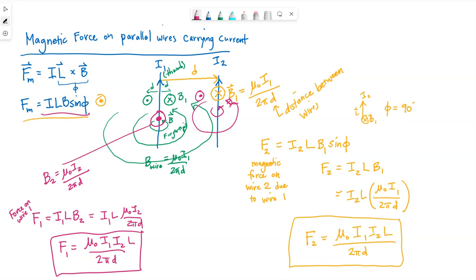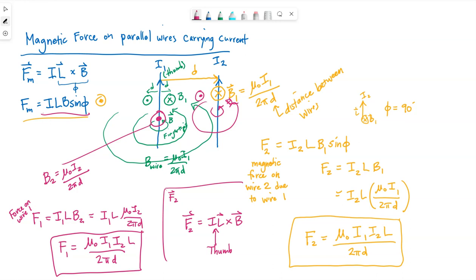Okay, let's talk about the direction of the force. To do that, we need to use the right-hand rule. If we do this for wire 2, so for F2 specifically, our thumb always goes in the direction of the first vector in the cross product.